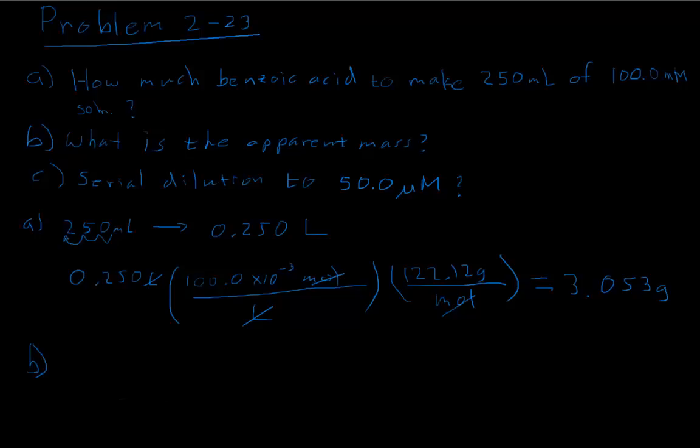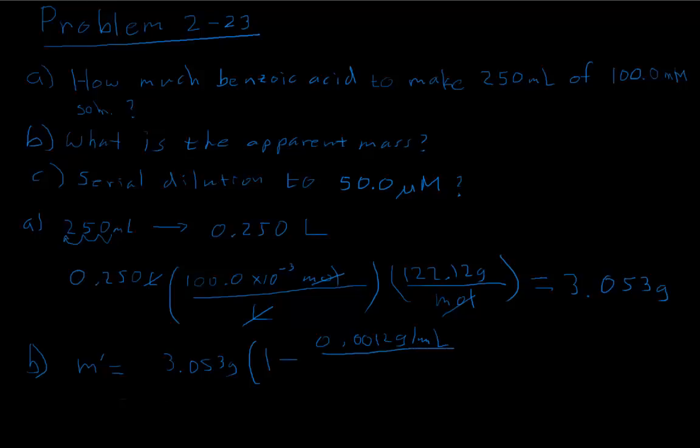That's the actual mass that we would need, but because of buoyancy, the balance won't read exactly that if we want that number of grams, so let's figure out how to do that. That equation that I wrote down previously, we want to solve for m prime and substitute in all of the values. So m prime is equal to the actual mass that we want, 3.053 grams, times 1 minus the density of air, which is 0.0012 grams per milliliter. That's the value in your textbook.